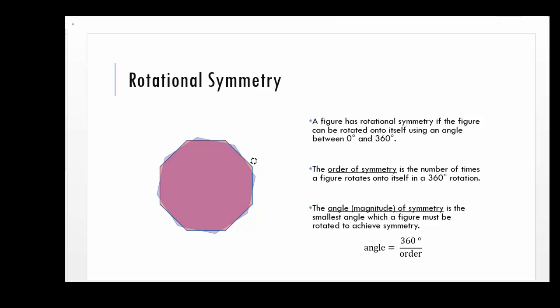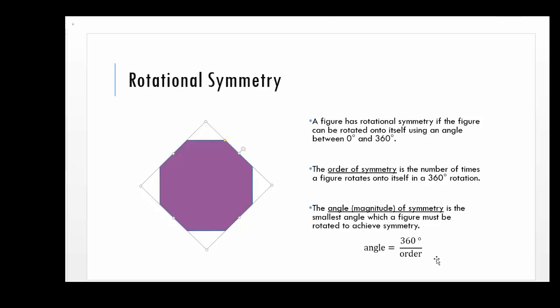So we rotate, we get 1 order of symmetry, 2, 3, 4, 5, 6, 7, and 8 is back where we started. So we get an order of 8.